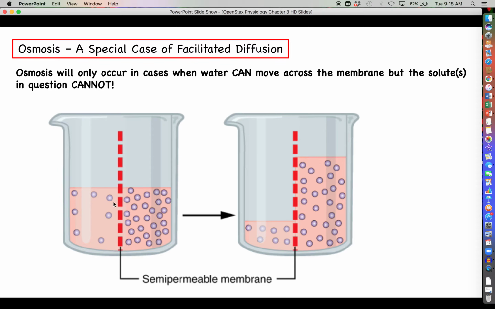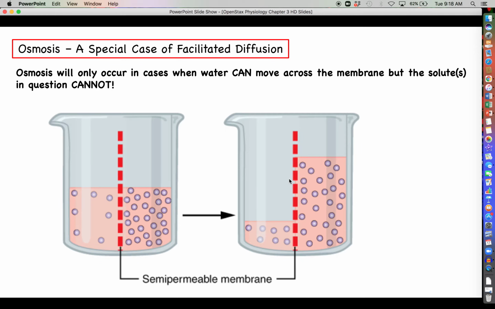Water is at a higher concentration in chamber A compared to a lower concentration in chamber B. Remember, the more stuff that is in solution, the less the water concentration is going to be. So glucose wants to move from right to left, while water wants to move from left to right.